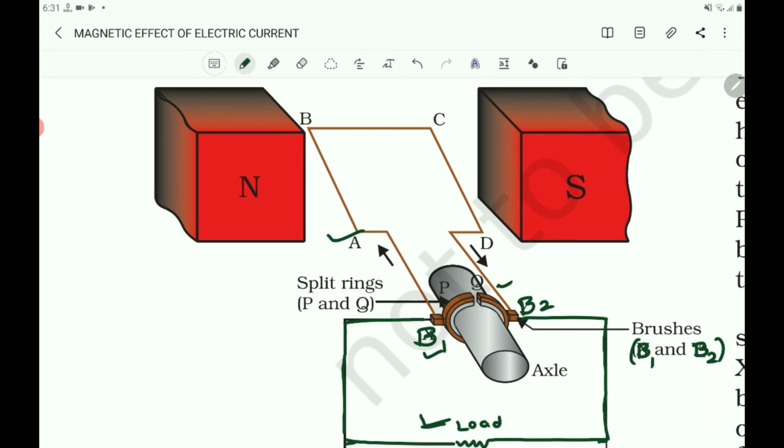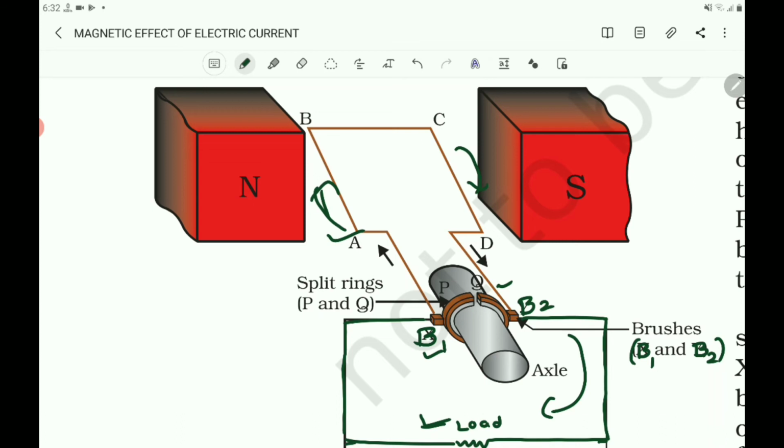Arm AB moves upward and arm CD moves downward. According to Fleming's right hand rule, the induced current in the armature coil flows in the direction ABCD. In the external circuit, current flows from B2 to B1.